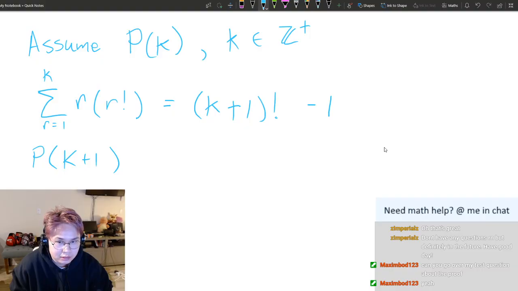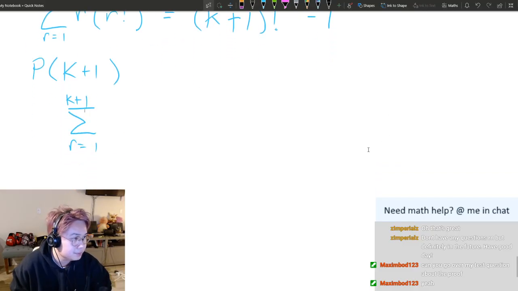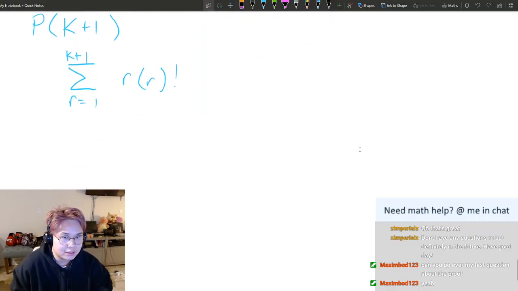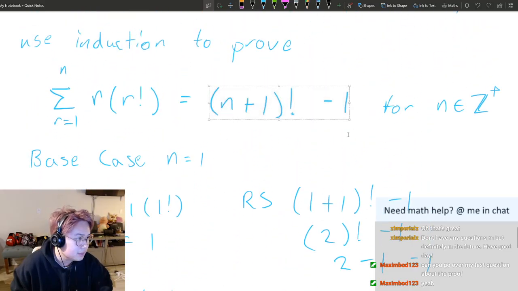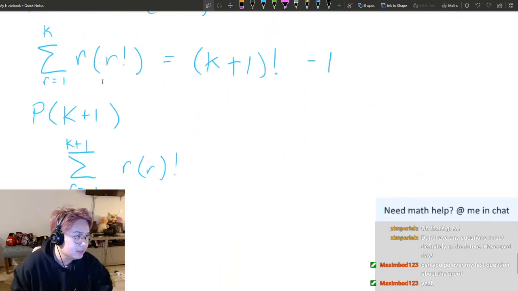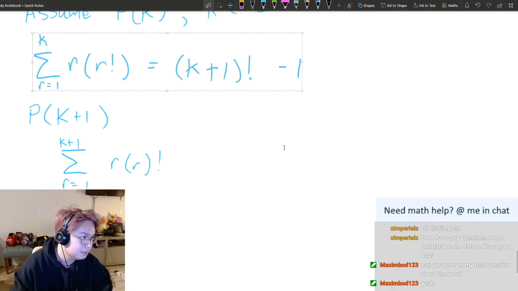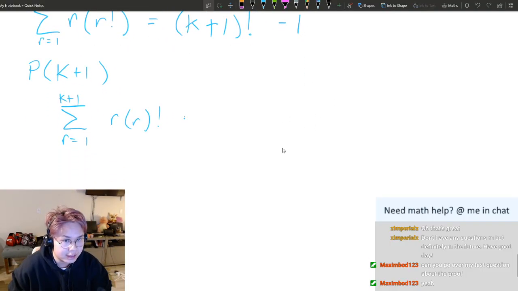So this is from 1 to k plus 1 now of this. And then we need to somehow prove that it's going to be this thing, but with k plus 1 here. So what we need to do is use this statement from previous in our assumption. And the way we do that is you got to remember your sums.